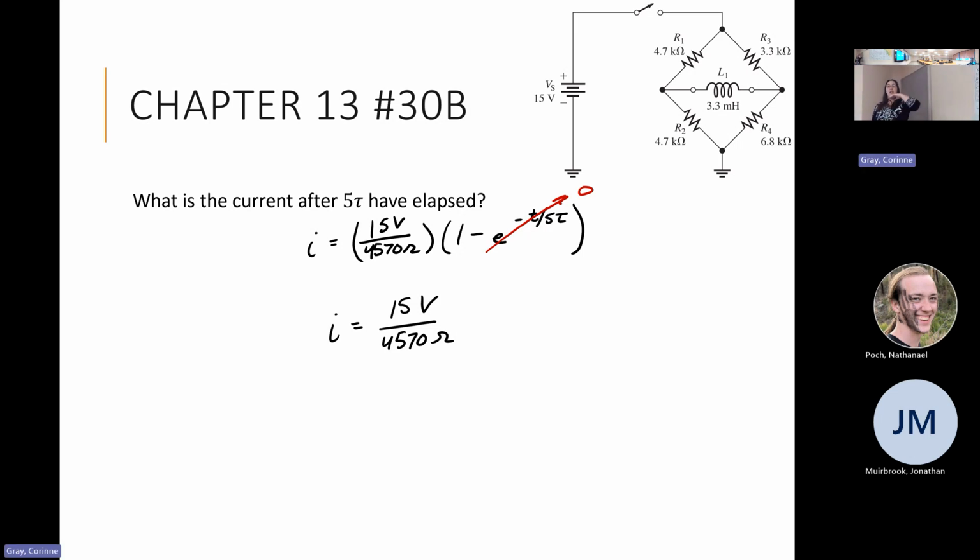If we had it connected to something else and then we opened it, then eventually at 5 tau, we would say that the current would be equal to 0. So we can plug this in, we can get our value, it'll pop out in amps. We are technically good to go for that. So, any questions about inductors in DC sources?